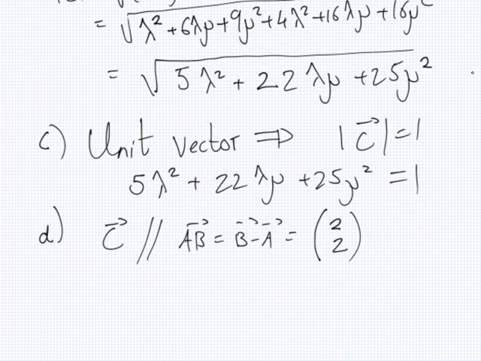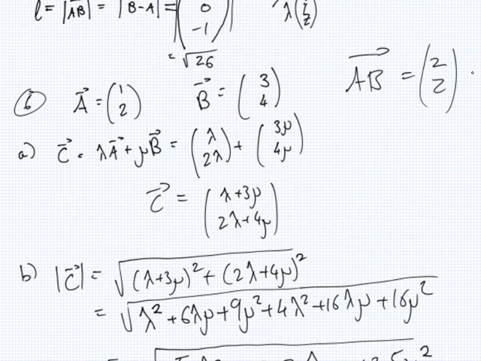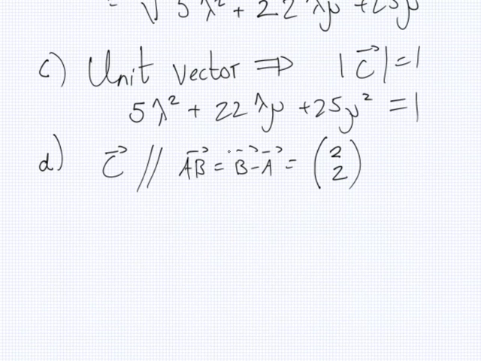Lambda 2, yeah, go on. Lambda plus 3 mu. No, you're right the first time. Because if I tell you C is parallel to this, it means C can be written as some constant times 2, 2. Which is just 2 times a constant and 2 times a constant. They're both 2 alpha, 2 alpha. In other words, beta, beta.